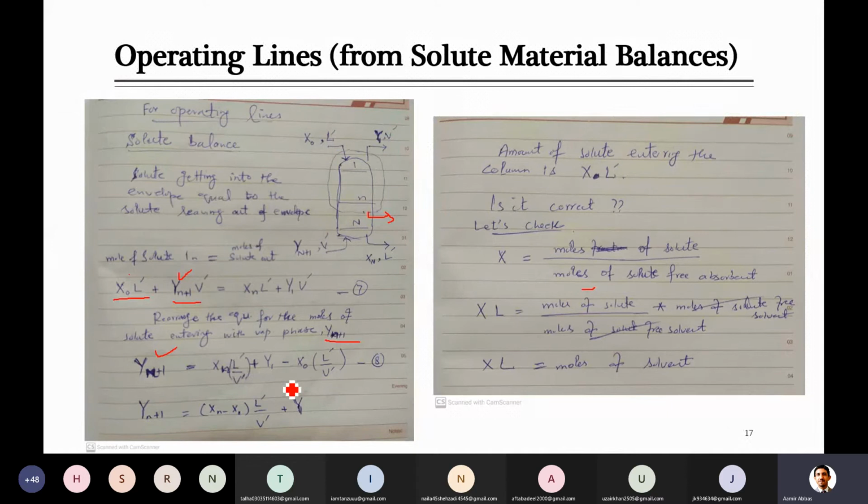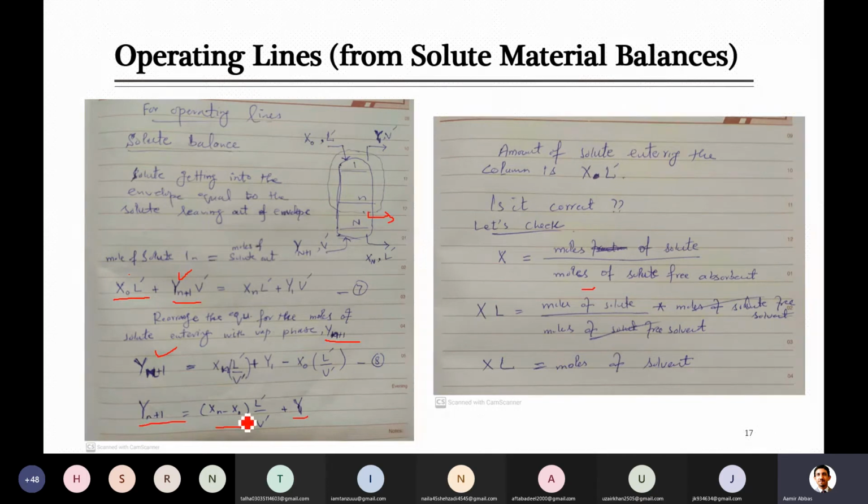So I have further rearranged this equation. There are two terms which have some common components, that is L' over V' times x_n minus x0. So we will just rearrange this together, plus y1, and it will be equal to y_{n+1}.